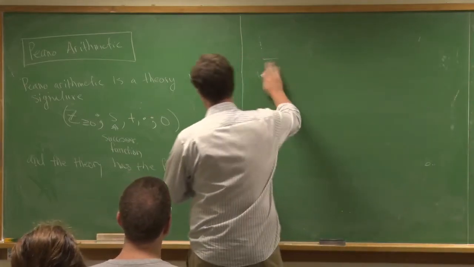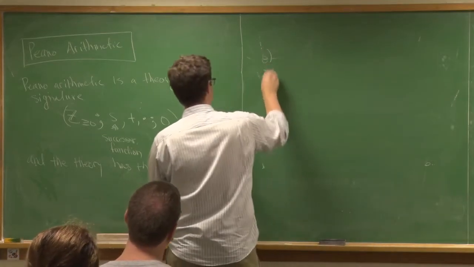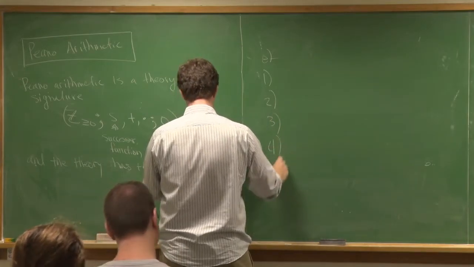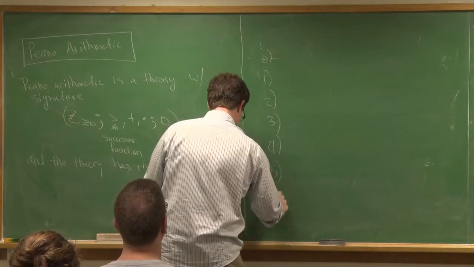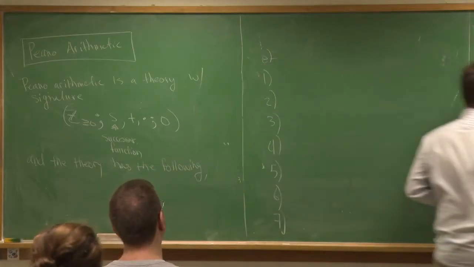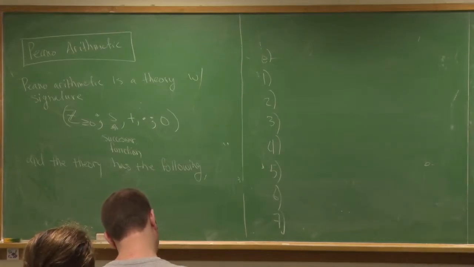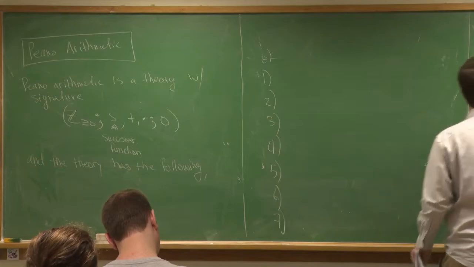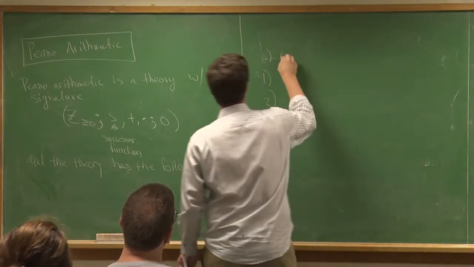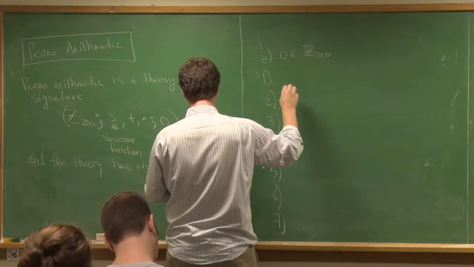So there's going to be 8 axioms: 0, 1, 2, 3, 4, 5, 6, 7. And then there's this induction axiom, which will be over here, 8. Okay, so the 0th and 1st are not really axioms, but they're part of the signature.